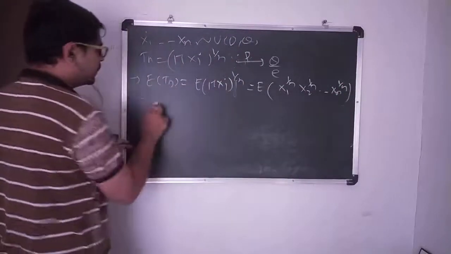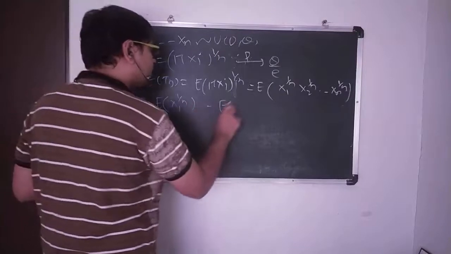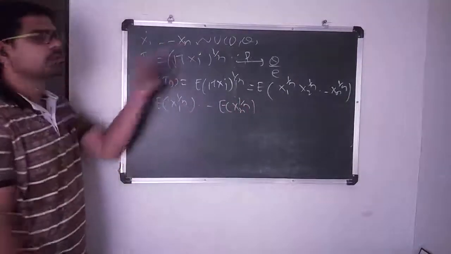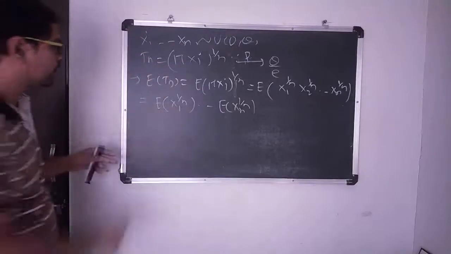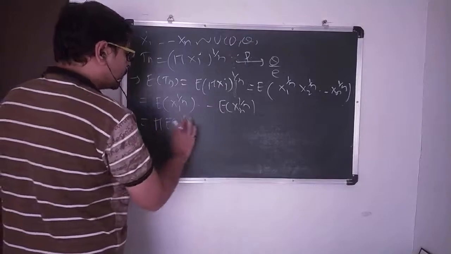So this is equal to expected value of x1 raised to 1 upon n up to expected value of xn raised to 1 upon n. This is possible since x1, x2, ..., xn is a random sample, that is, they are independent. So we have the product of expected value of xi raised to 1 upon n.